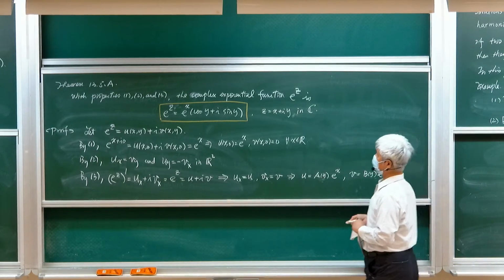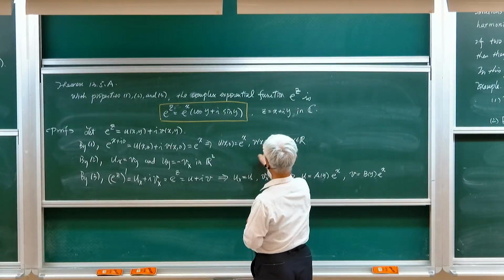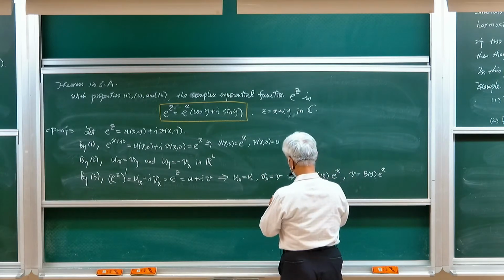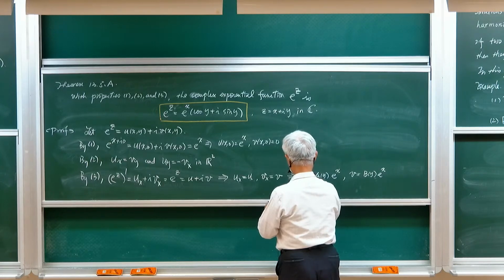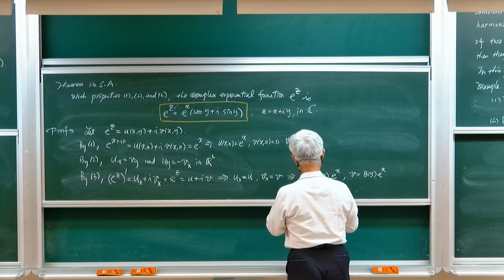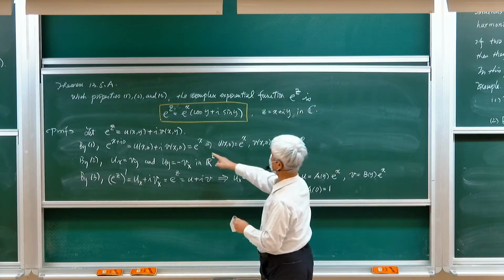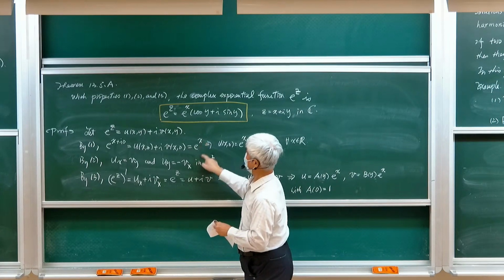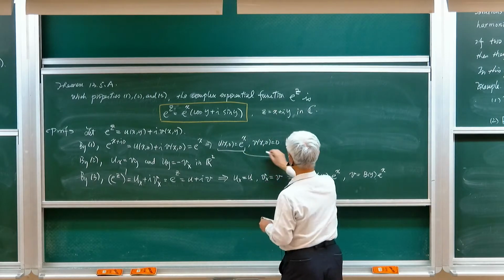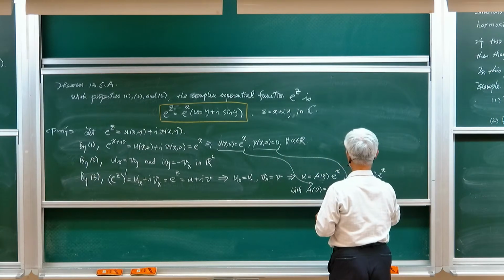And from the initial condition here, we know that A(0) equals 1, because this goes to here, and this goes to here, and B(0) is 0.